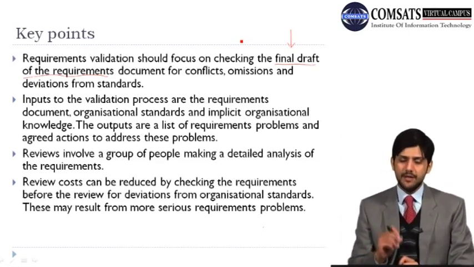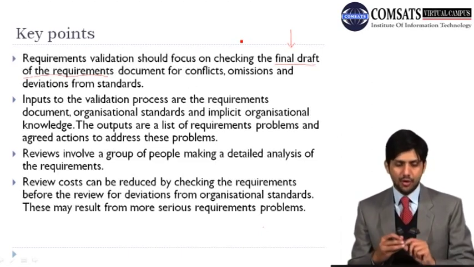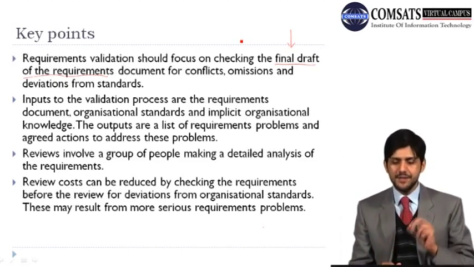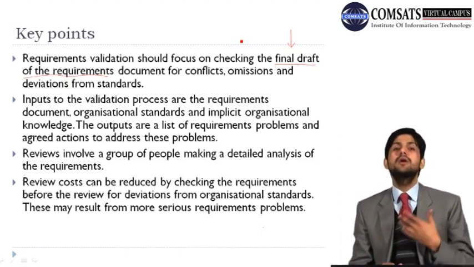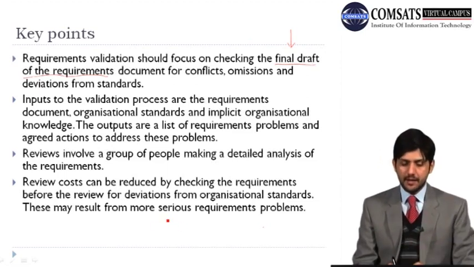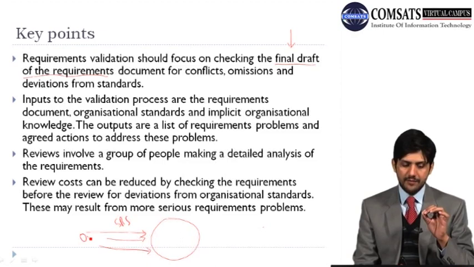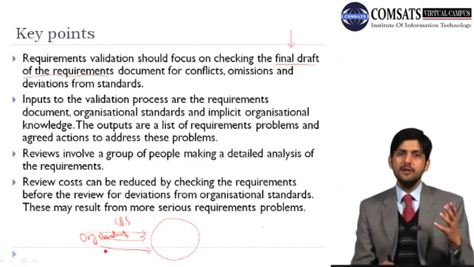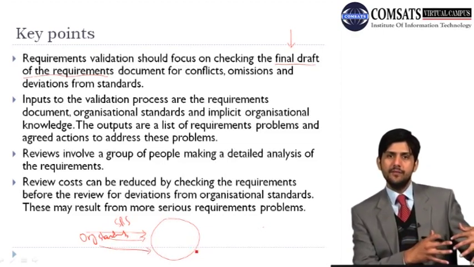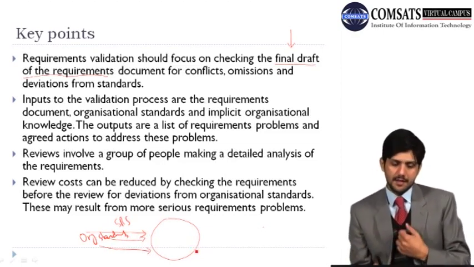So the input to the validation process are the requirements document, organizational standards, and implicit organizational knowledge. So in terms of that process, we know what the inputs to this validation process are. SRS is one input, then we have these organizational standards, and implicit knowledge, which lies with different users, that is also another input to this process.